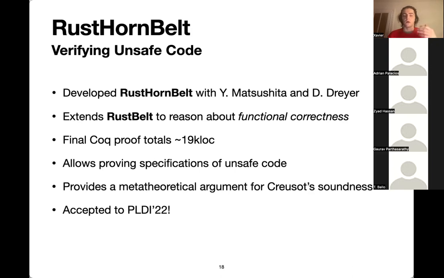So my advisor and I collaborated with Yusuke Matsushita and Derek Dreyer at the MPI on a mechanized version of this proof, which we called RustHornBelt. This proof is an extension of the previous work on RustBelt, which was a formalization of the Rust type system.